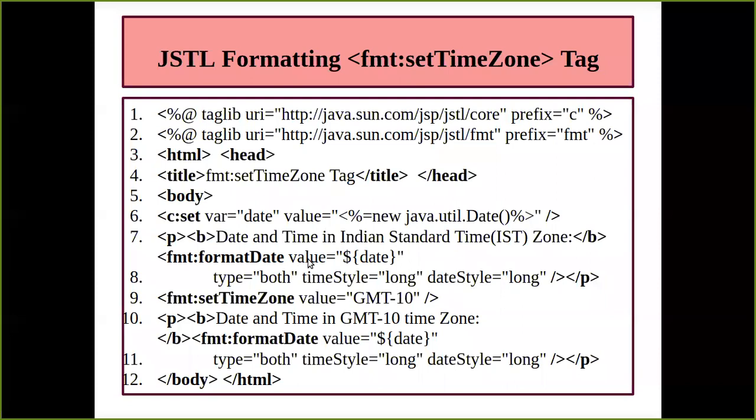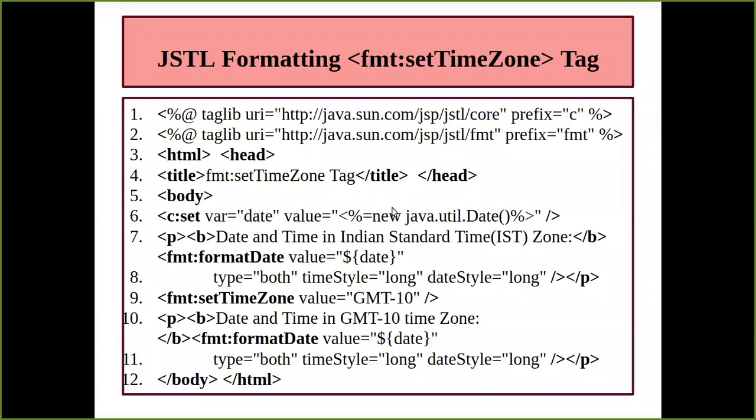Okay, now in the value, we are calling the variable which is holding the current date and time. What is this variable name? Date. Okay, can you see this? If I am starting with dollars, that means I am making use of the expression language, and I'm calling the variable which I have created above. The variable name is date.